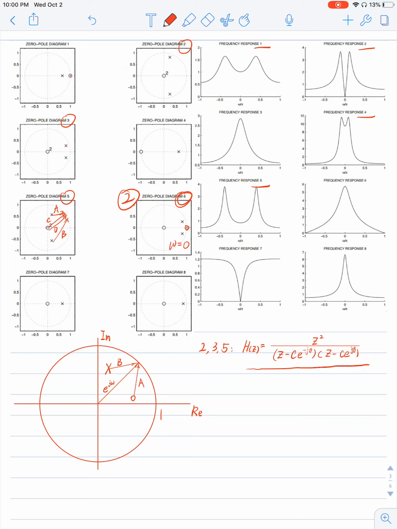When it is at the peak, it's around pi over 2. So the magnitude of the frequency response at the peak is A times B over C times D.